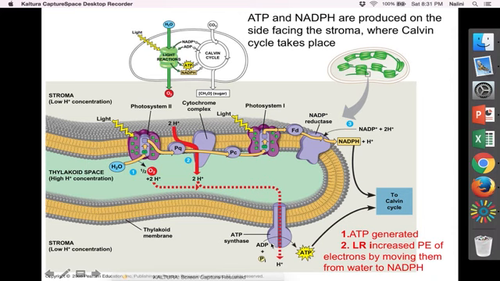What does this do? It will allow ATP synthase to add inorganic phosphate to ADP, joining ADP with inorganic phosphate and regenerating ATP. ADP and phosphate are already there in the stroma, guys.